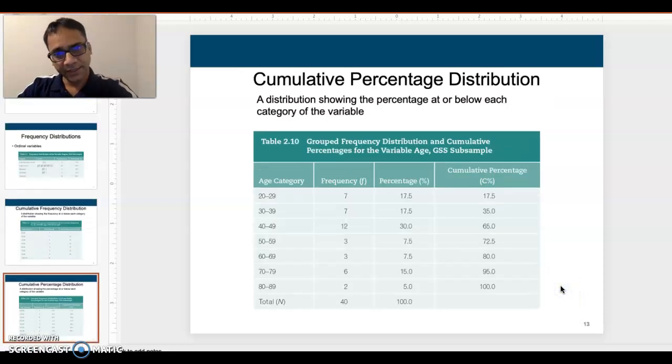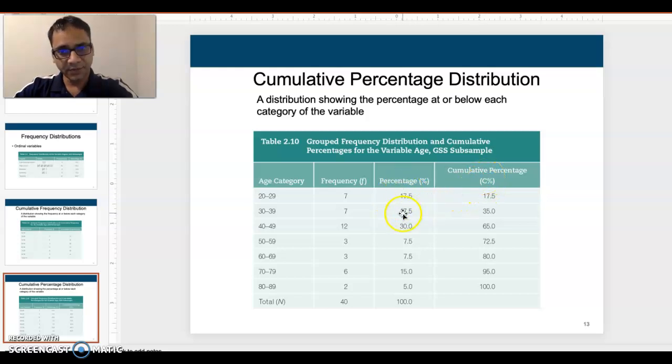And then this is another example of frequency. Here it is cumulative percent distribution. In the previous table we saw the cumulative frequency. Here we are focusing on cumulative percent. So we have the first column with age category, the second column frequency for each category, how many people were there, in the third column we have percent, and the fourth column cumulative percent.